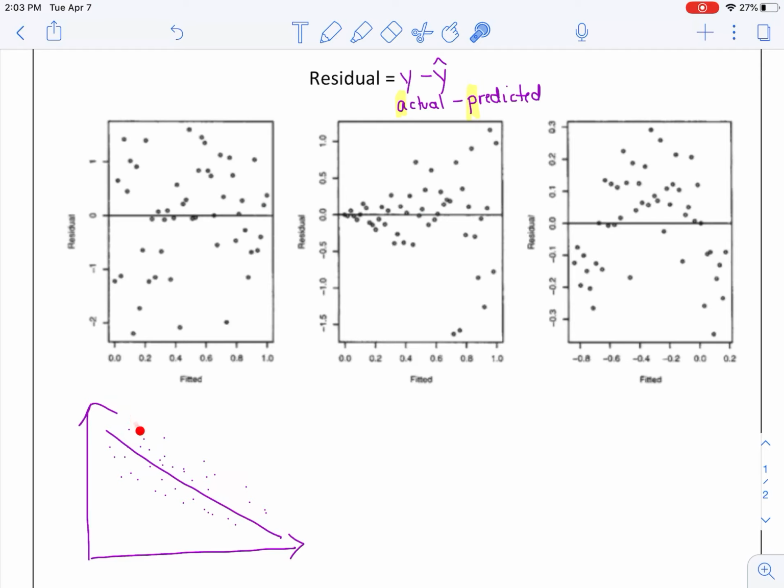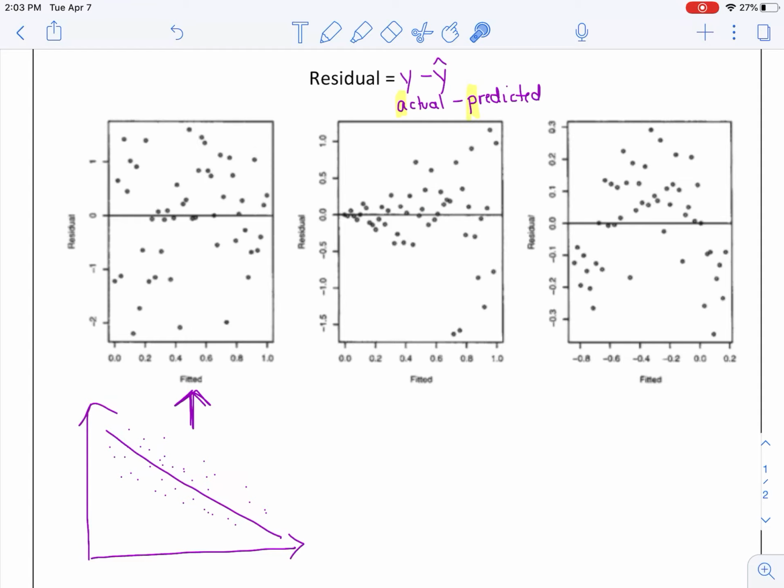That means I should have some positive residuals, some negative residuals, and it should look similar to this residual plot above. A random scattering. A bunch positive, a bunch negative.